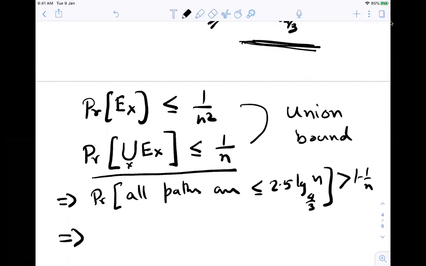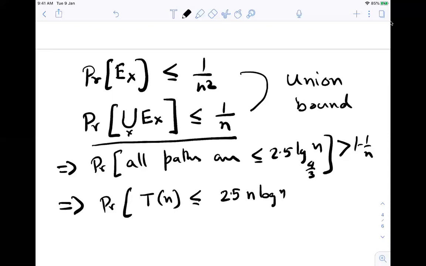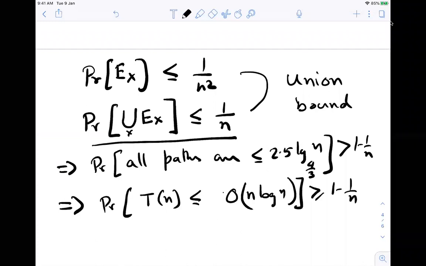So, if the paths are less, that means the depth is equal to this one, which means the probability that T of n is less than, say, 2.5 times n log n by 4/3, which I will write this way just for the sake of analysis and representation, is more than 1 minus 1 over n. Right?